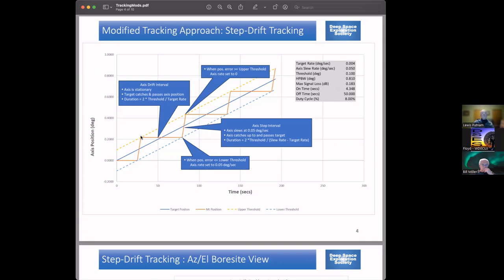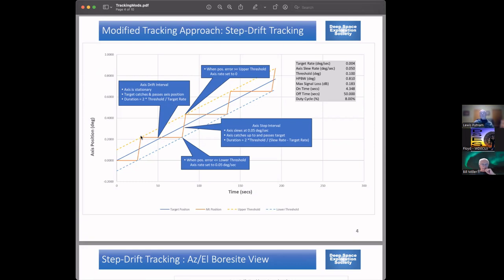So as we see in the box with X, the drift interval, it shows that when the axis rates are 0, the target catches up and passes the axis position. The duration for that is the object moving 2 thresholds' worth of difference at the target rate.